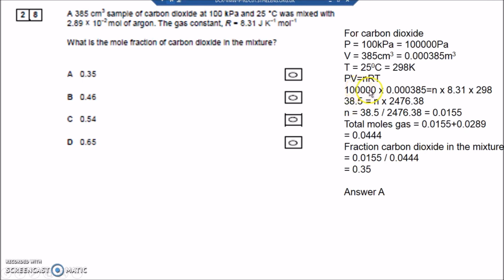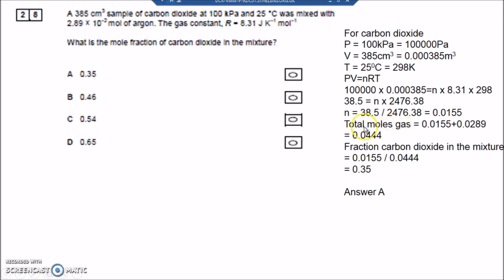So 100,000 multiplied by 0.000385 is 38.5, and 8.31 times 298 is 2476.38. Now I do n. n is 38.5 divided by 2476.38, which is 0.0155. That's the number of moles of carbon dioxide, because I've used the data for carbon dioxide.